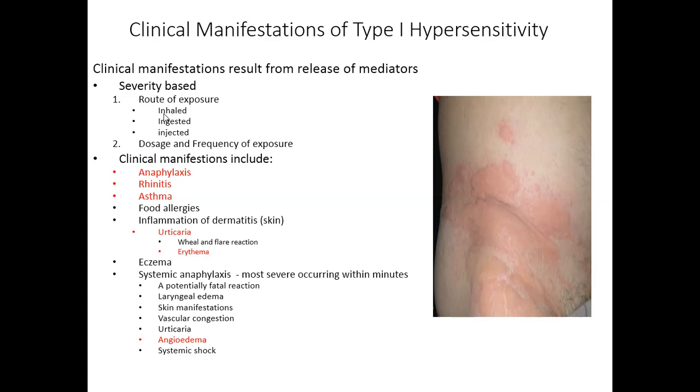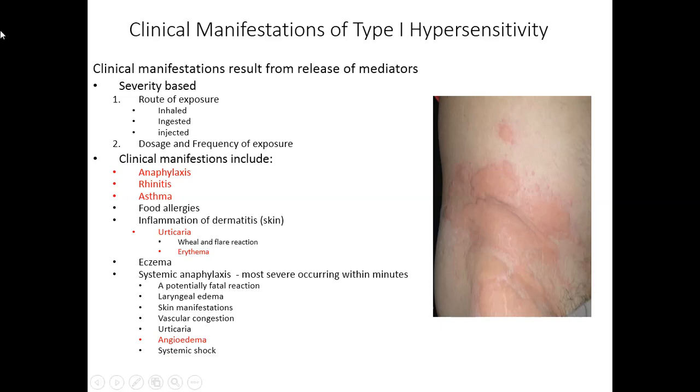If it was ingested, we're going to see the clinical manifestations in the form of a GI issue. If it was injected, we're going to see those clinical symptoms appearing as an all-over systemic response, because it's going to travel through the vasculature quickly.